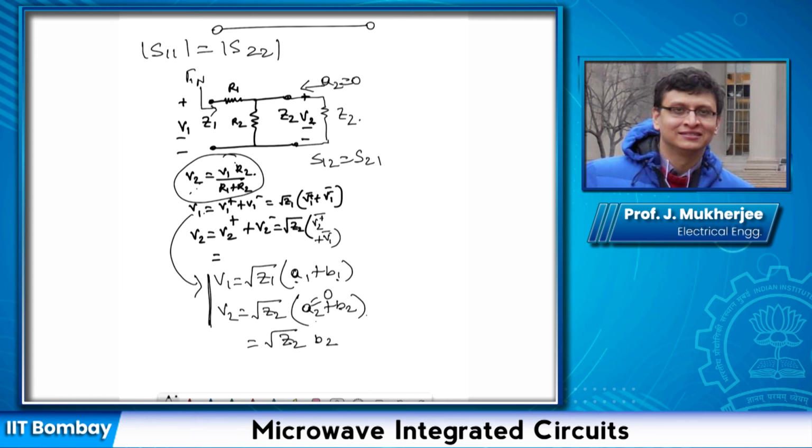When this matched load is present. So here this gamma in will be equal to S11. If we consider this whole circuit, then for this circuit gamma in will be equal to S11. Why? Because A2 is equal to 0, and that is because Z2, which is a matched load, is connected at the output. Okay, so I have given you a hint. I leave it as an exercise for you to find out all the S parameters for this network.